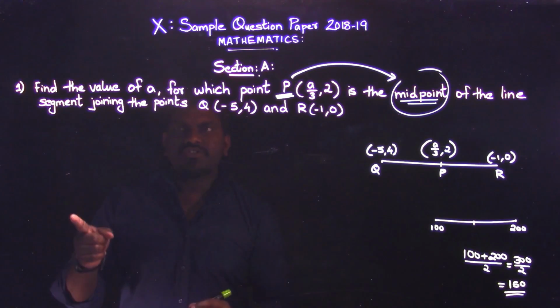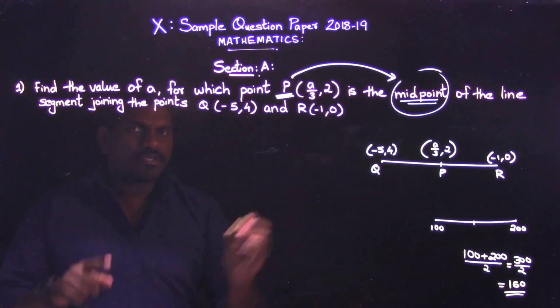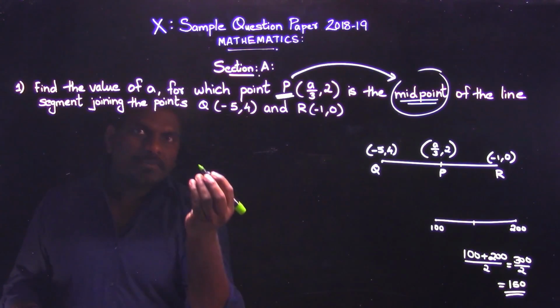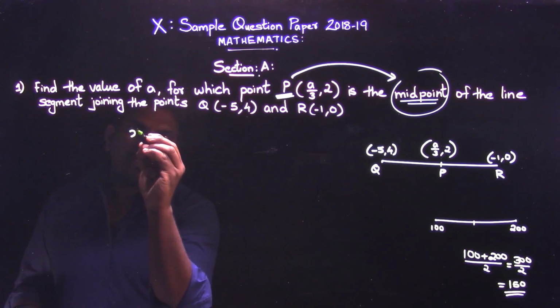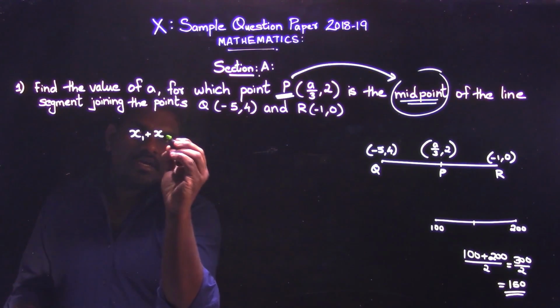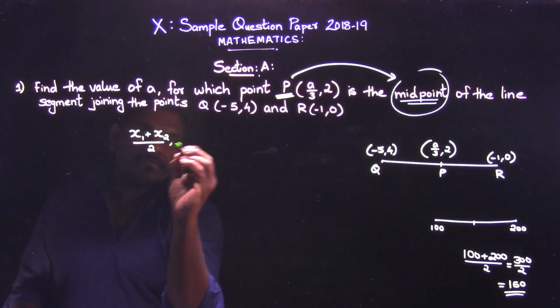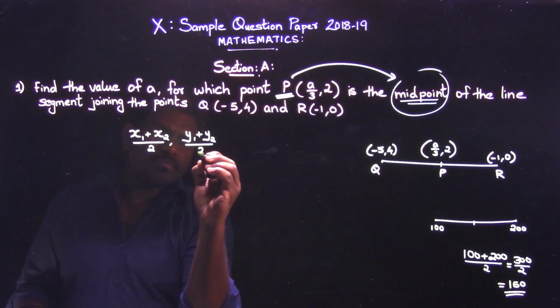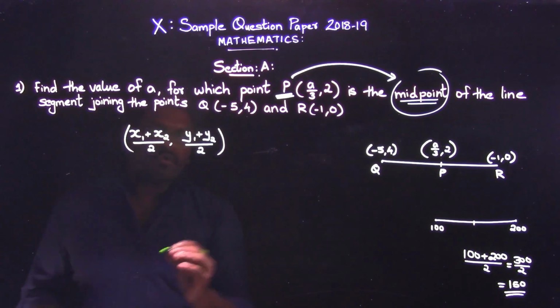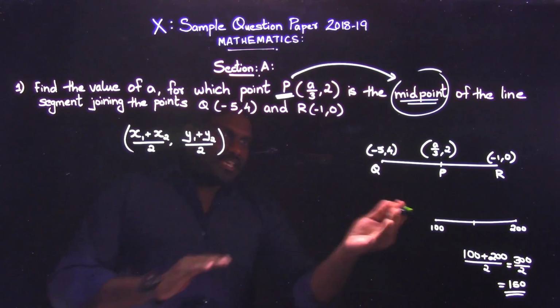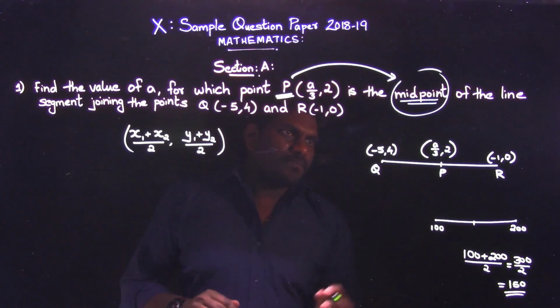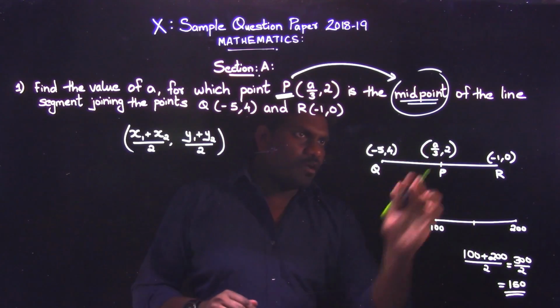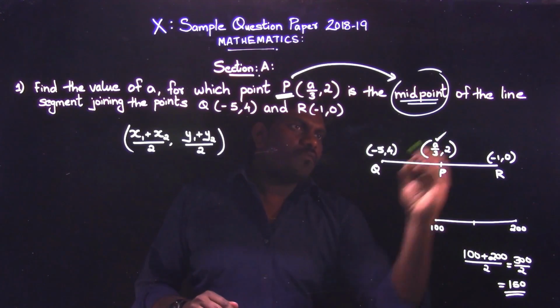This is a 1 mark question from coordinate geometry, where the midpoint is given. To find the midpoint, you add x1 and x2 and divide by 2, whereas y1 is also added with y2 and divided by 2. In this question, the midpoint and everything is given, and you just need to find the value of a.